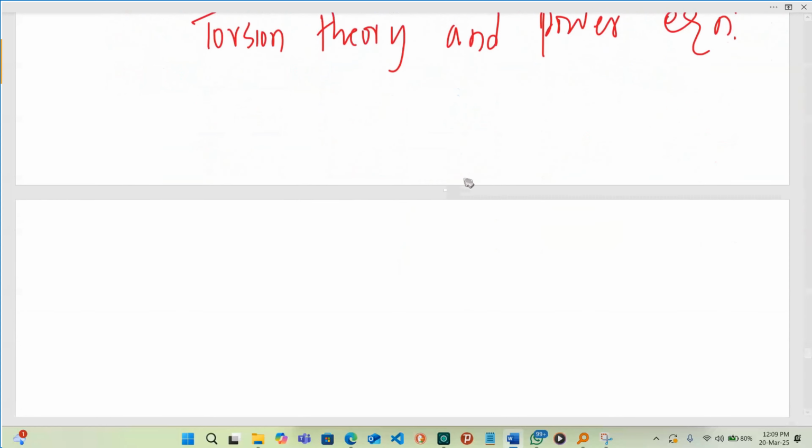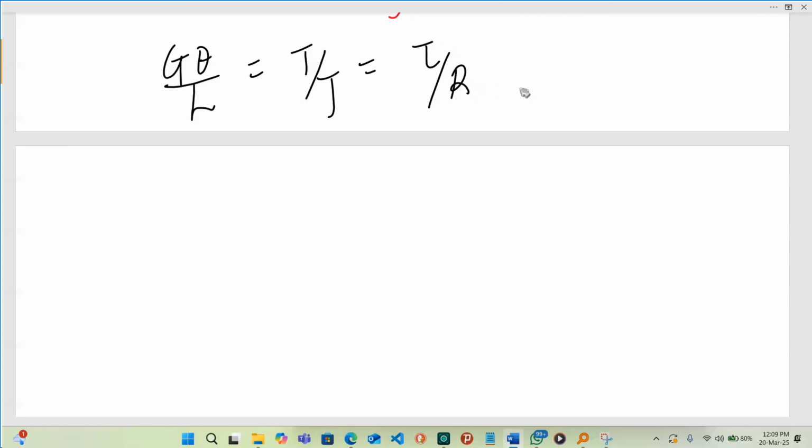First of all, to determine the diameters, we shall use this formula: G theta out of L is equal to T out of J is equal to tau out of R. Then we know that power is equal to 2 pi N out of 60 times T.